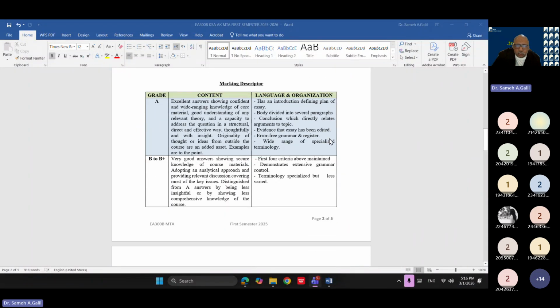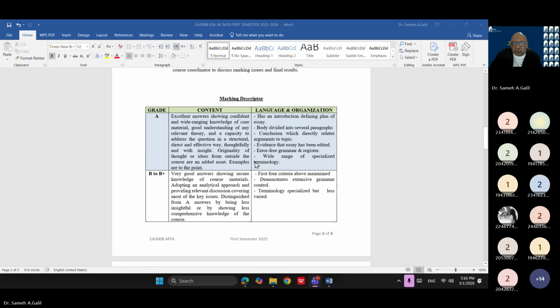So for example, in order for you to score an A, can you see that? Excellent answers show confident and wide-ranging knowledge of core material, good understanding of any relevant theory, and a capacity to address the question in a structured, direct, and effective way, thoughtfully and with insight. Originality of thought or ideas from outside the course are an added asset, and examples are to the point.